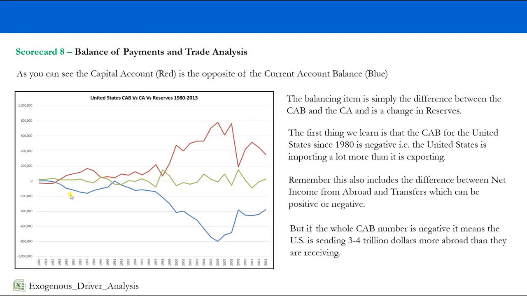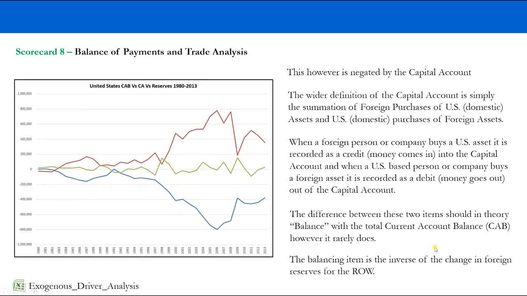So we get a basis of understanding there by first looking at the current account balance. And we know that in accounting terms, the capital account and current account balance should net each other off. So the capital account should be the inverse of the current account balance. So let's have a look at the capital account and how we work this out.